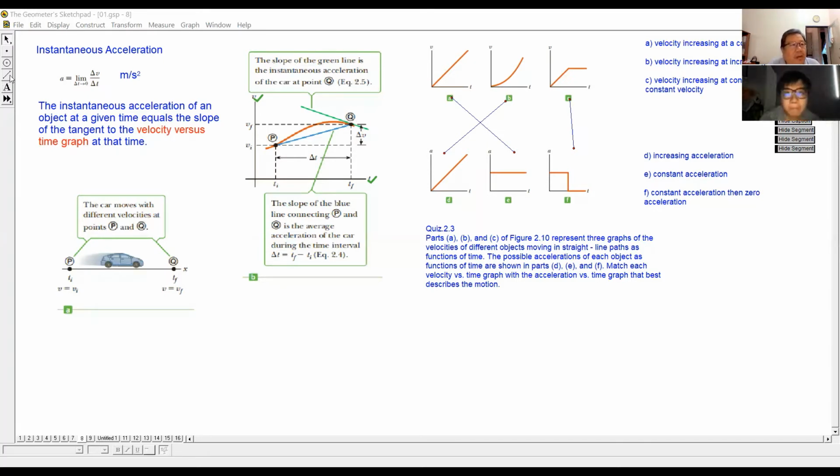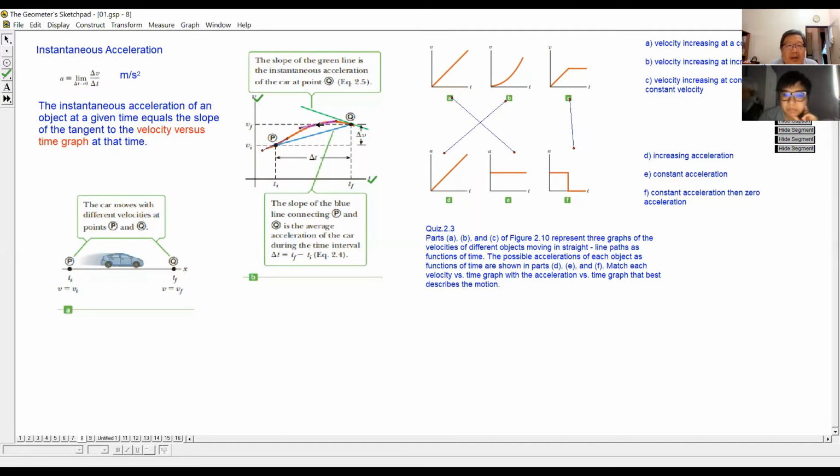Now, if you want to talk about the instantaneous acceleration, let's say at P, the instantaneous acceleration is actually the tangent at the point. If you want to talk about the instantaneous acceleration somewhere else, maybe it's called R, then it is the slope of the tangent at this point R here.